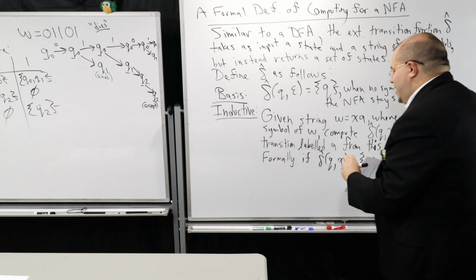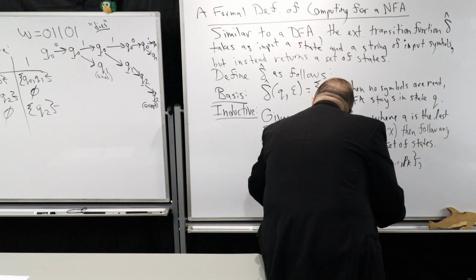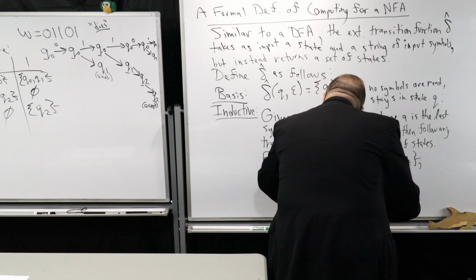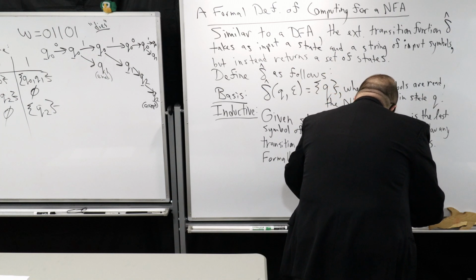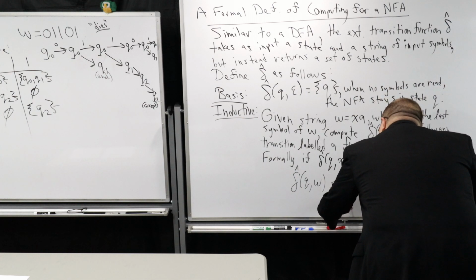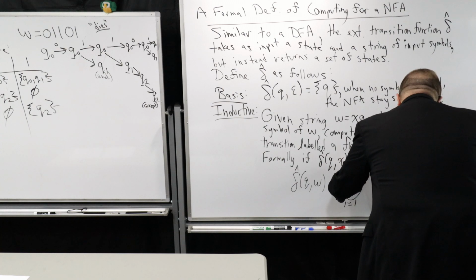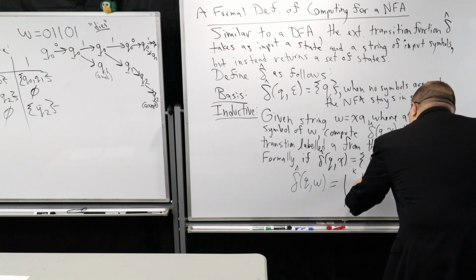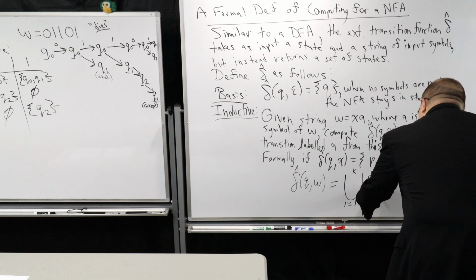Then this is how I'm going to define it for w. Delta hat of qw is going to be equal to the union from i equals 1 up to k of delta of Pi, a.